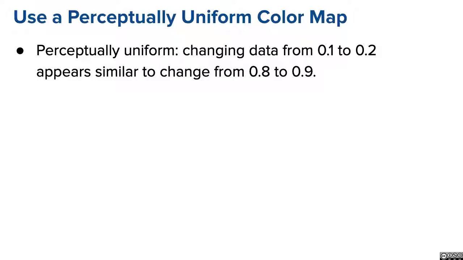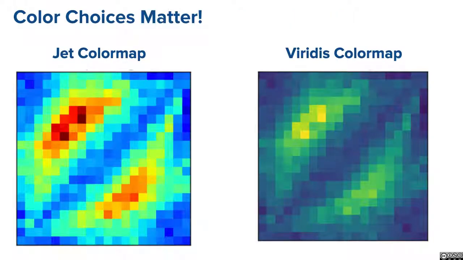Basically, the same degree of change in the data should result in the same perception of change. So the jet color map is not perceptually uniform, because even though changing from orange to red is not that big of a change in the data themselves, what you perceive is a very dramatic spike wherever you see a red square.